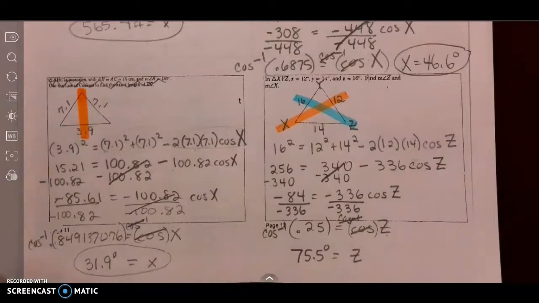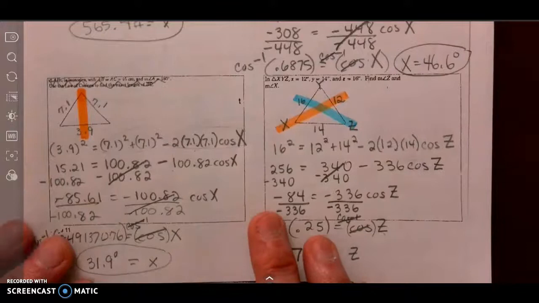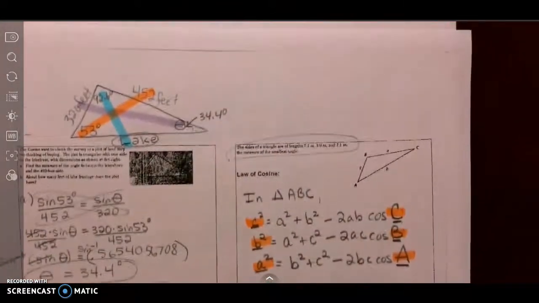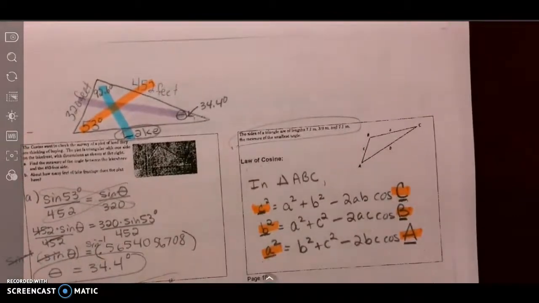But there's one other thing I want to show you while we're on this page. And it's the area formula for a triangle. You always learned in geometry that area was 1/2 base times height. But that meant you needed to know the height of the triangle. You needed to know the perpendicular height. Well, we don't always know that.